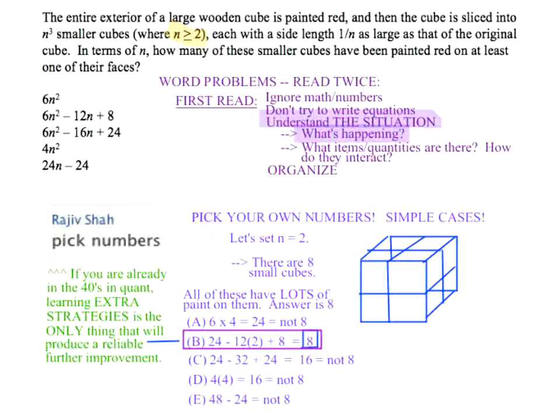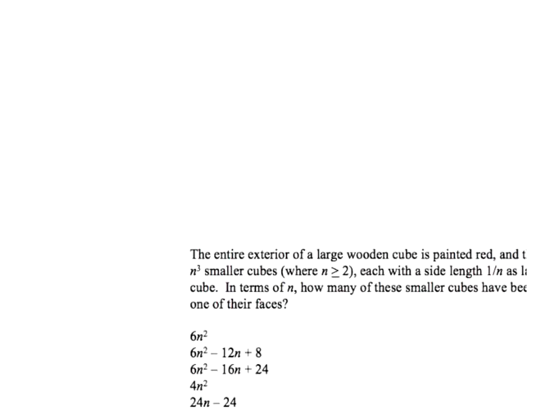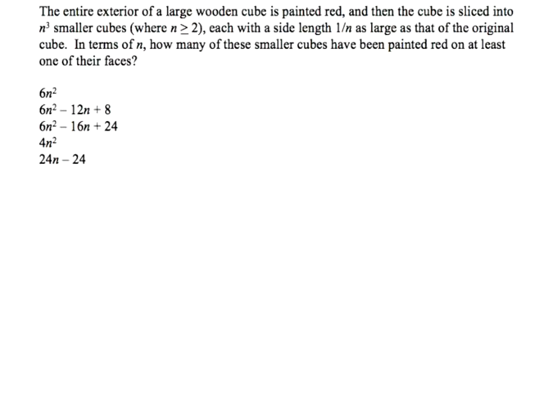Okay, so let's look at a general approach to this. But remember, what you should get out of this is the, oh wow, I should have picked numbers if I didn't pick numbers. All right, here's the problem. There's a couple of ways that you can approach this. The point is you do have to visualize.